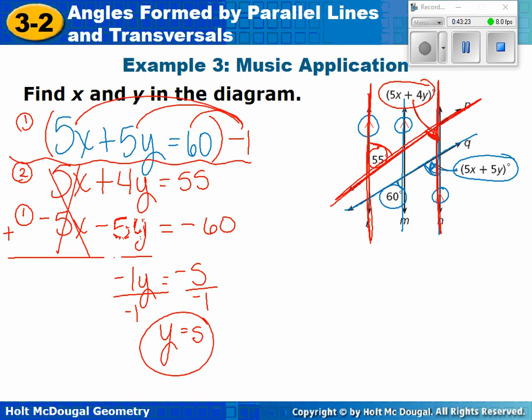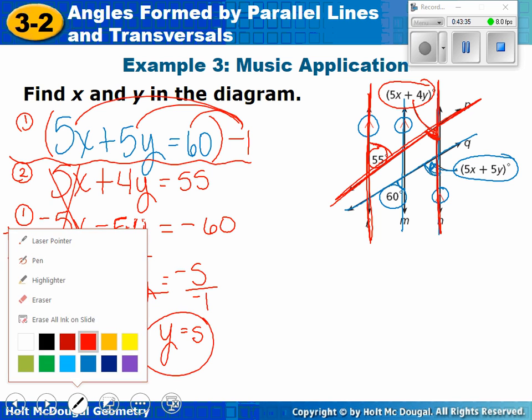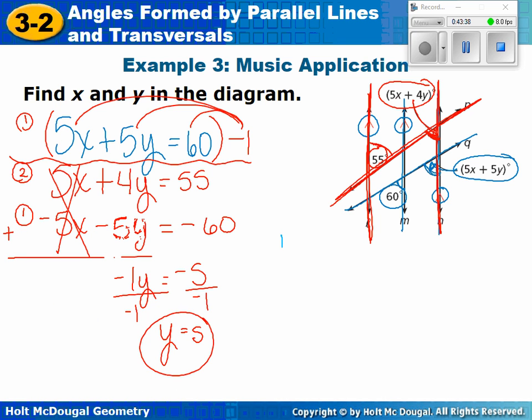It said find x and y. Once we find y, what do we do? Plug it in. And does it matter which equation? No. I'm going to go back up to the first one that we had to start with, the one in blue, but it doesn't matter. So back up here to equation number 1, 5x plus 5. Now I'm going to plug in this 5 for y equals 60.